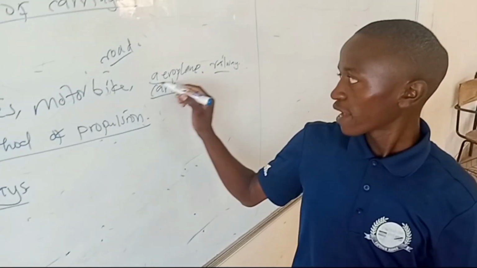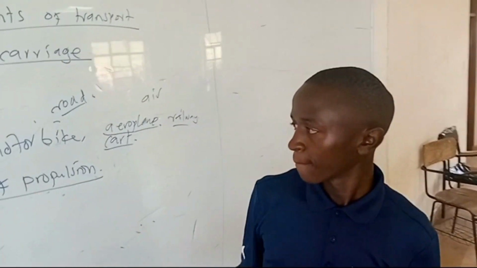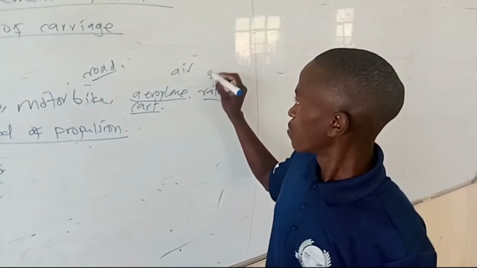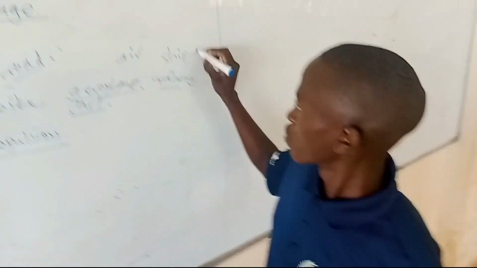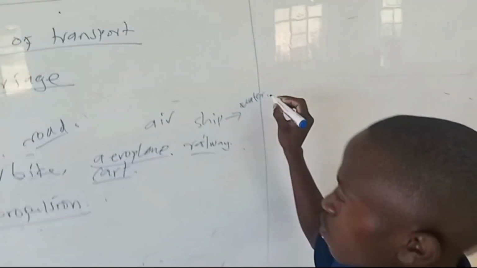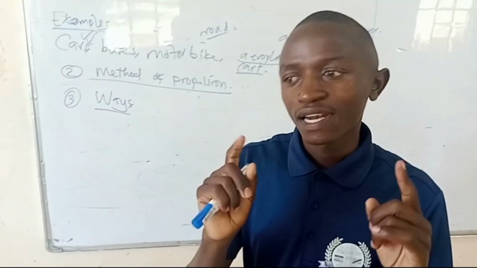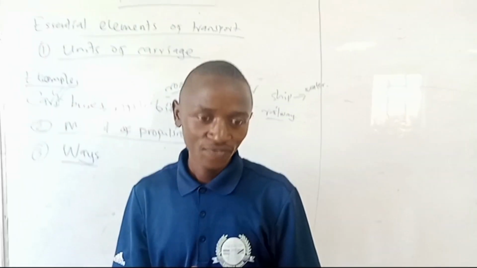If you are using an aeroplane, you move through air. If you are using a ship, it will be water. This will be the way.